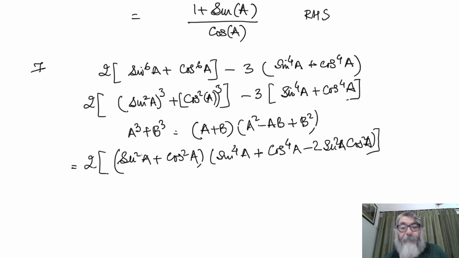We have opened the first, and in the second bracket I have minus 3 sine 4a plus cos 4a.